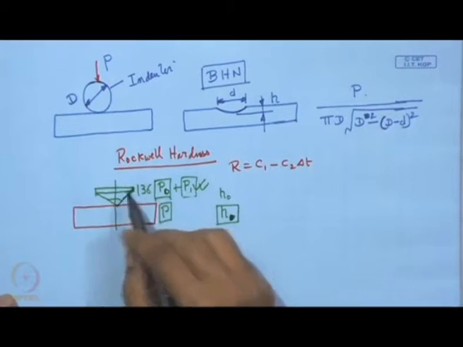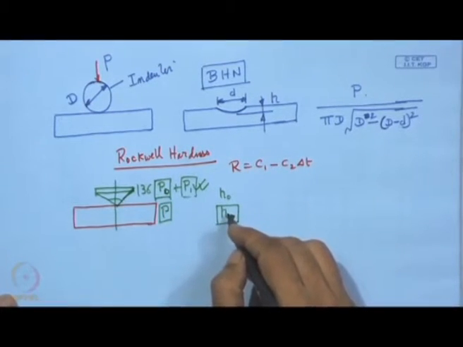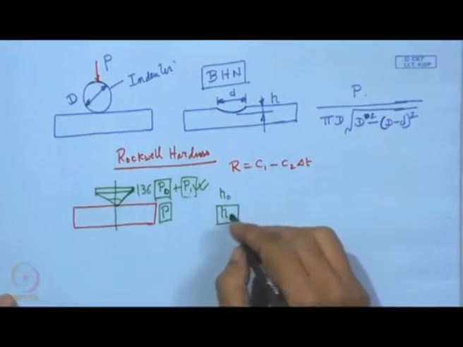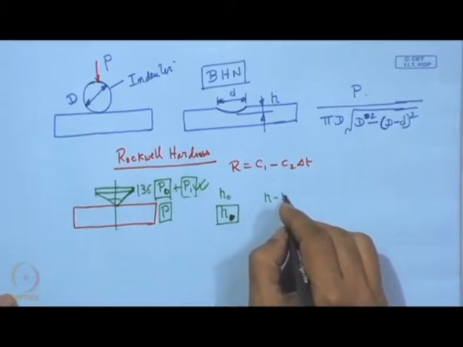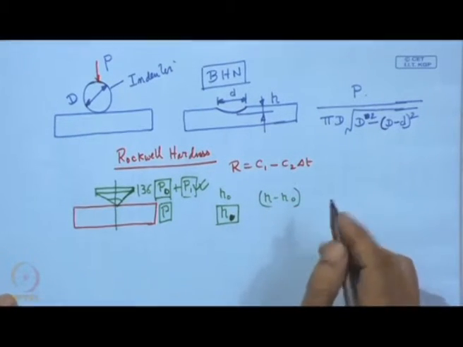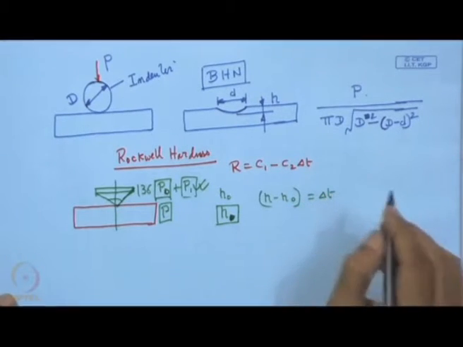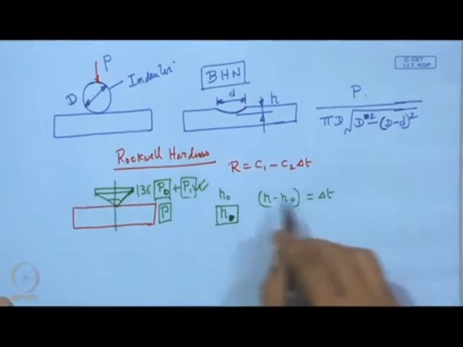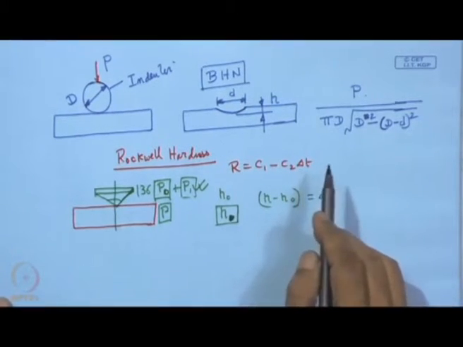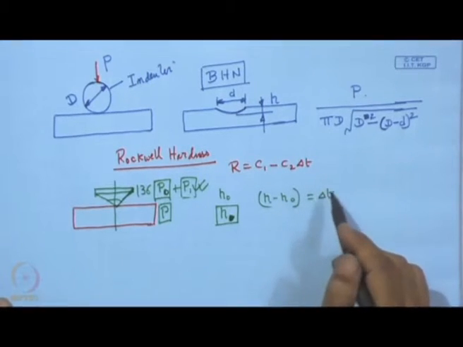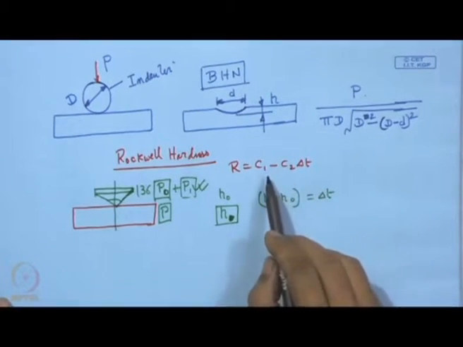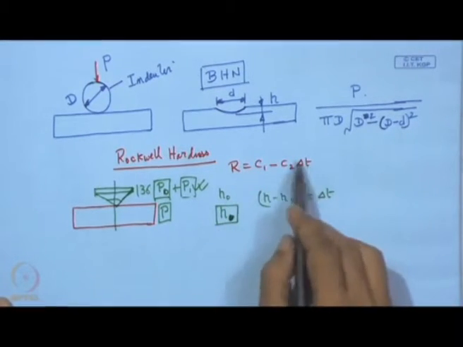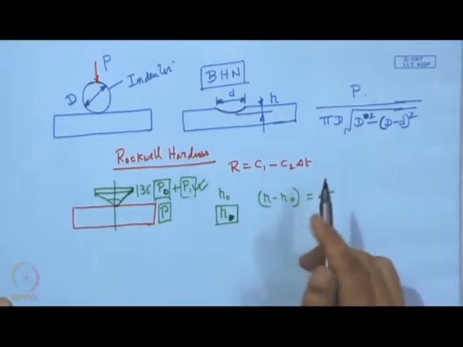So, the initial load remains there, and then we measure H. So, this H minus H0, that is actually the penetration, and that is in fact equal to delta T. So, this is actually penetration. However, the Rockwell number is given following this equation, that means higher the penetration, lower will be the number, and lower the penetration, higher will be the number, and this equation can show that number.